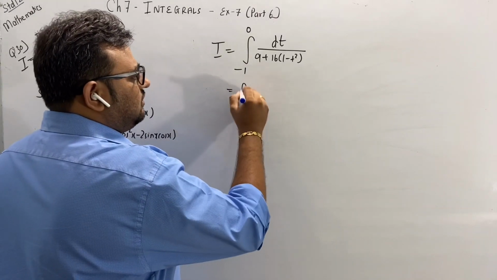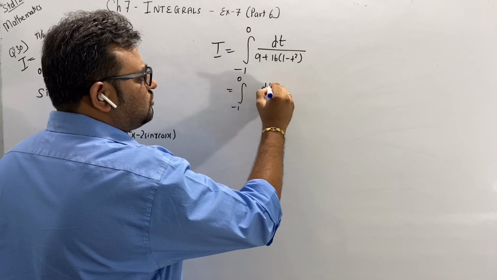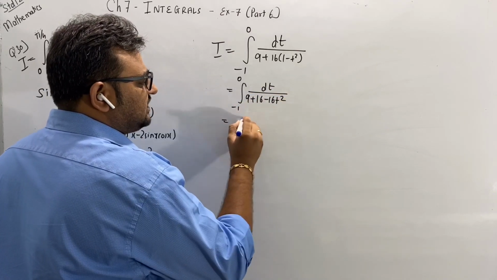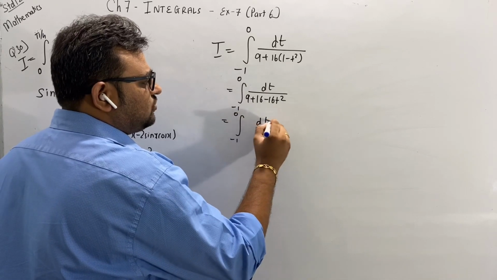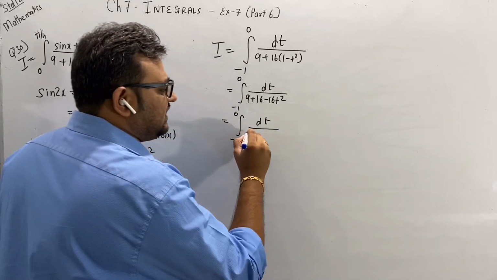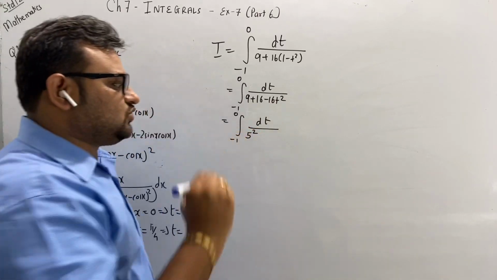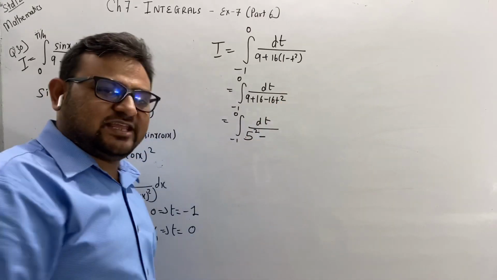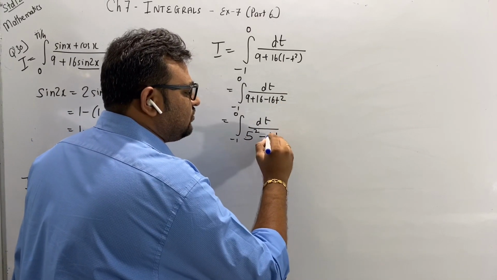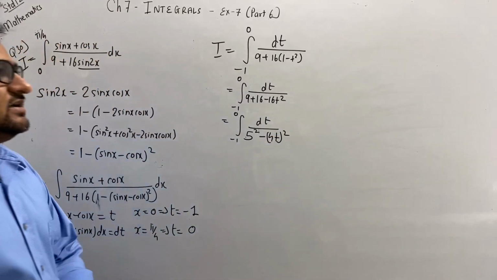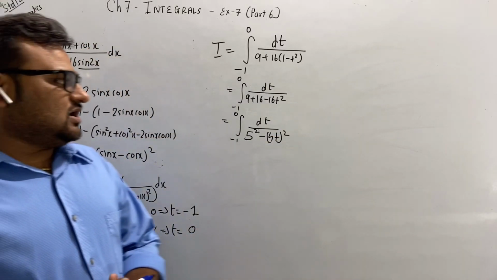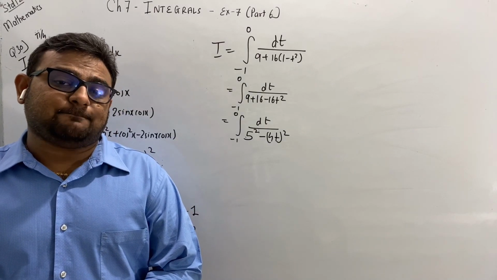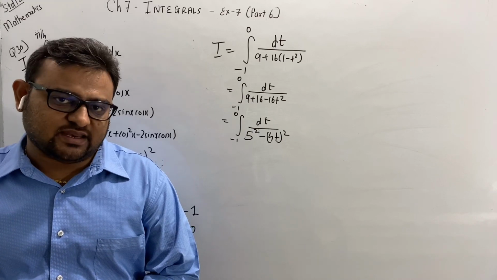Okay, so minus 1 to 0 dt upon 9 plus 16 minus 16 t square, which is minus 1 to 0 dt upon 25 minus 16 t square. I can write 25 as 5 square and 16 t square as 4t square.